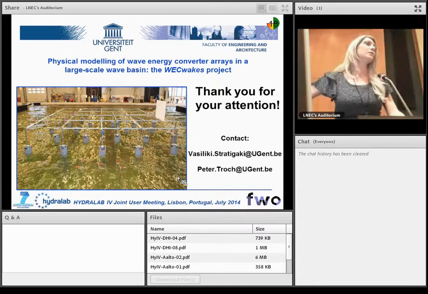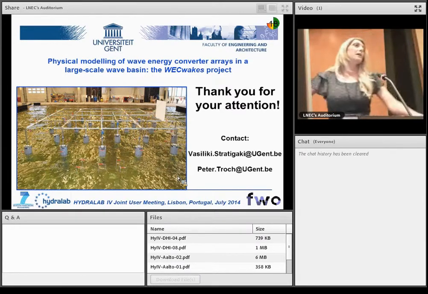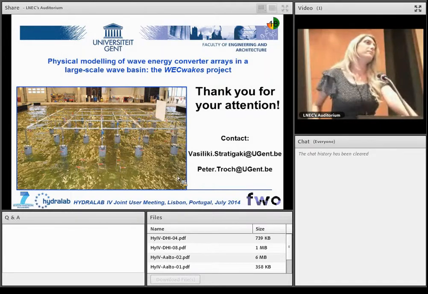But there are several concepts where they have thought about this situation. Some of them are taken out, like the Waystar in Denmark. And I hope the wave energy developers take into account this option when they design.